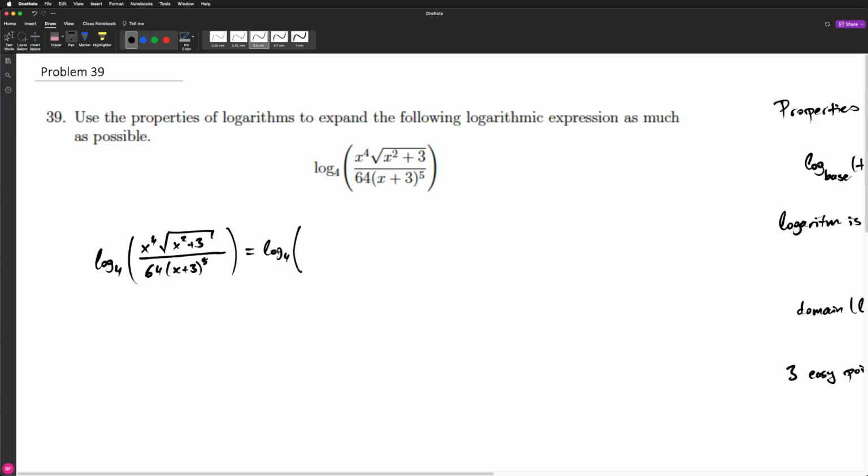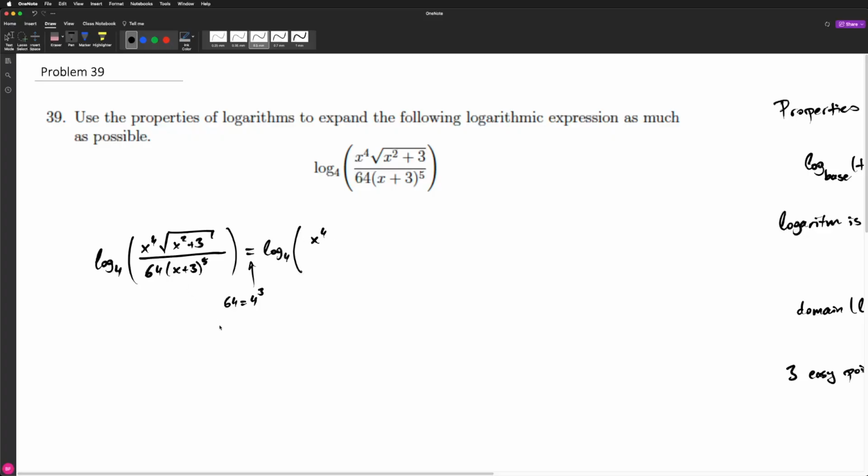We have to do a few things, but not necessarily in the same order. So I would look at that 64, and it's a nice power of 4. So I would write it, 64 is 4 to 3. That's the first thing that took my attention. So I would just write that.